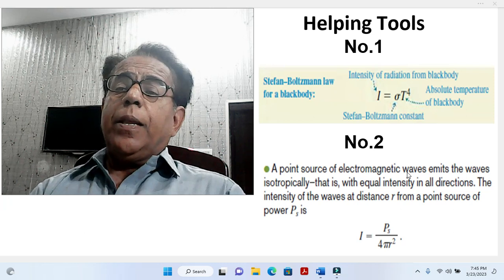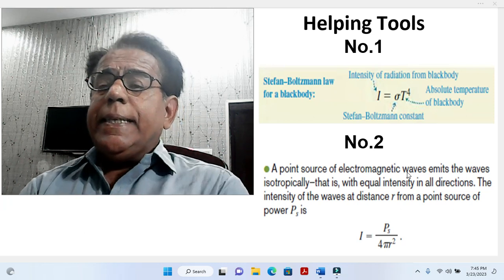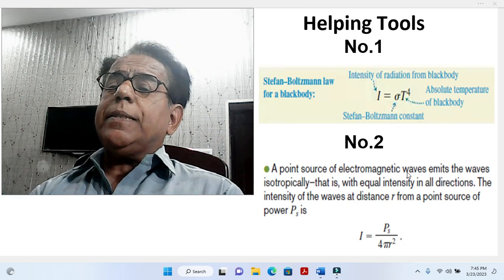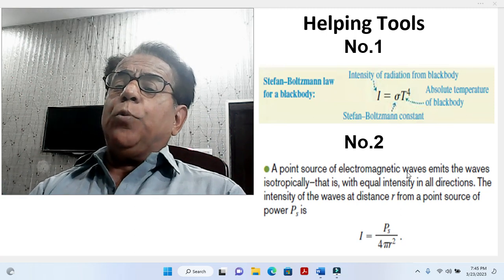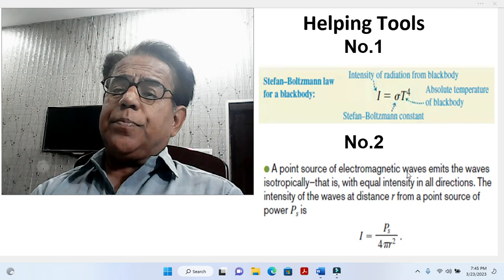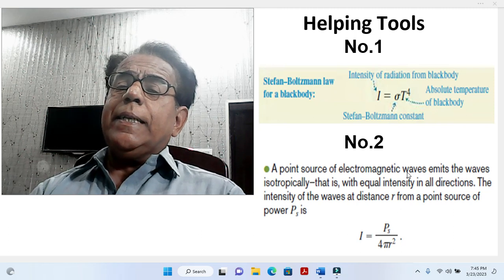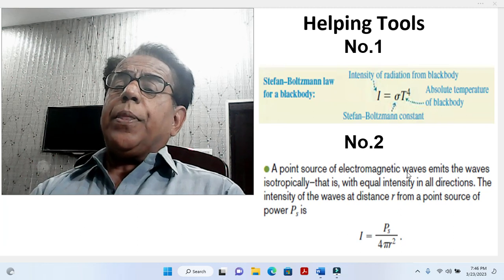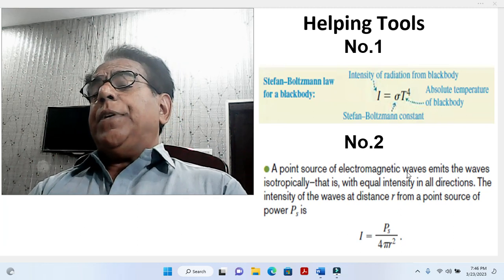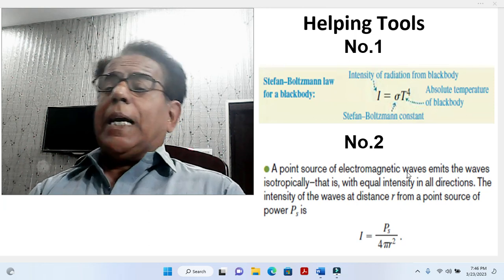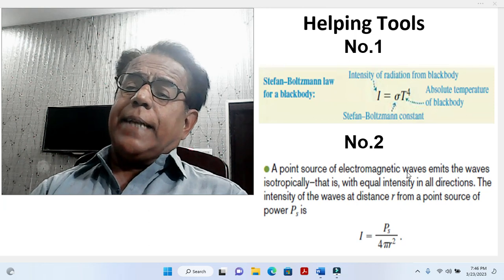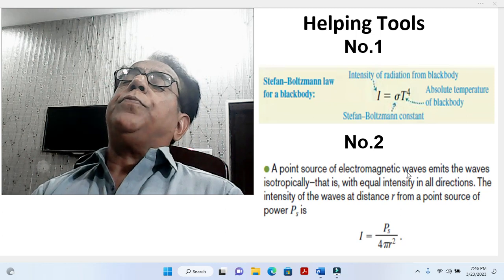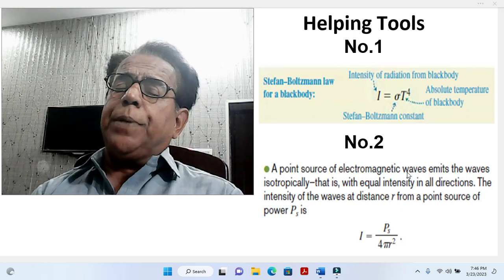Here I is the intensity of radiation from the black body, and sigma is the Stefan Boltzmann constant. Because we are defining Stefan Boltzmann law, if we remove this constant sigma, then we can say that I is directly proportional to the 4th power of absolute temperature T.